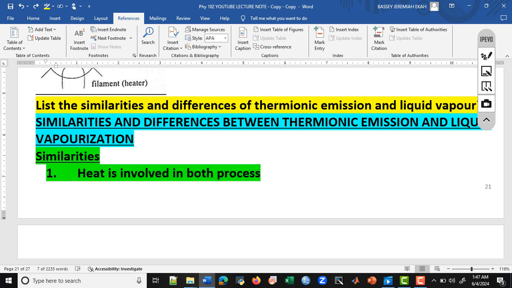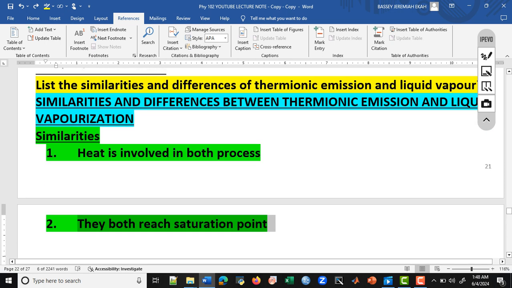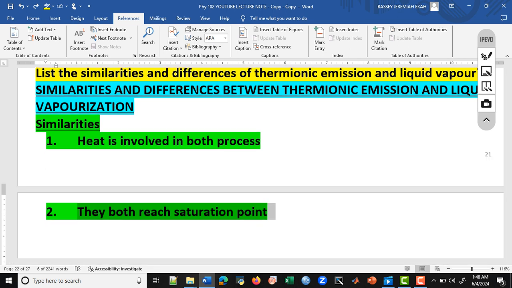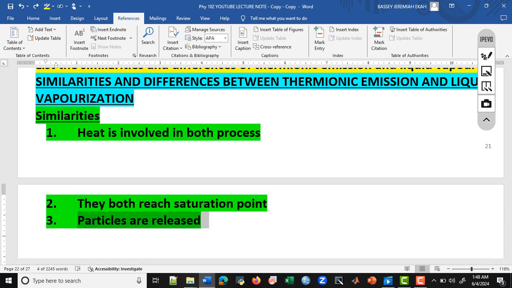The next point is that they both reach saturation point. So there is saturation point in thermionic emission, and there is saturation point when water is heated to vapor state. Particles are released.